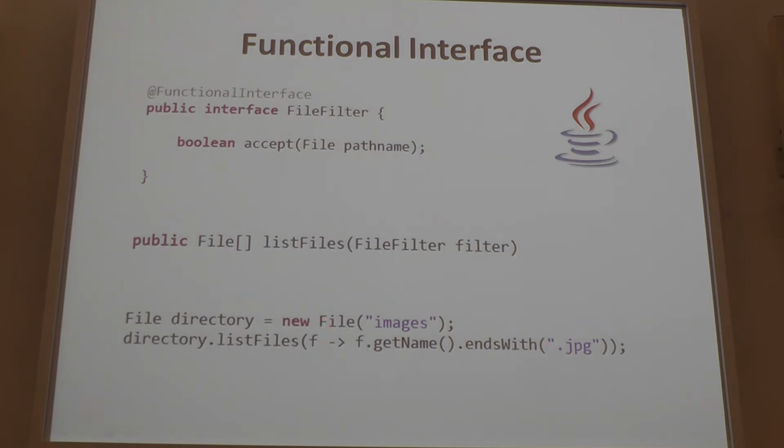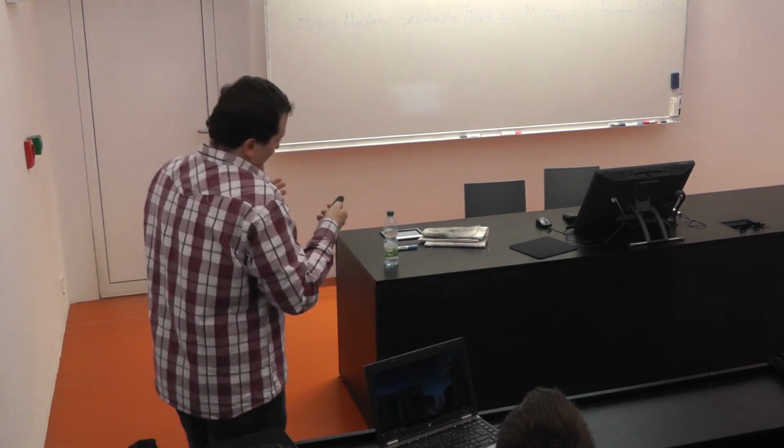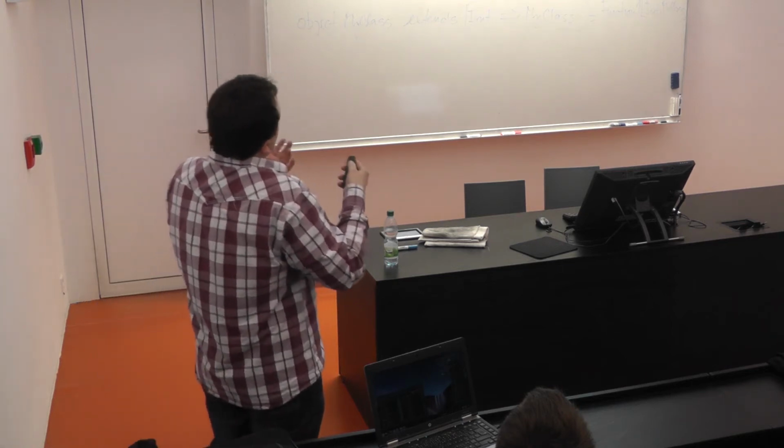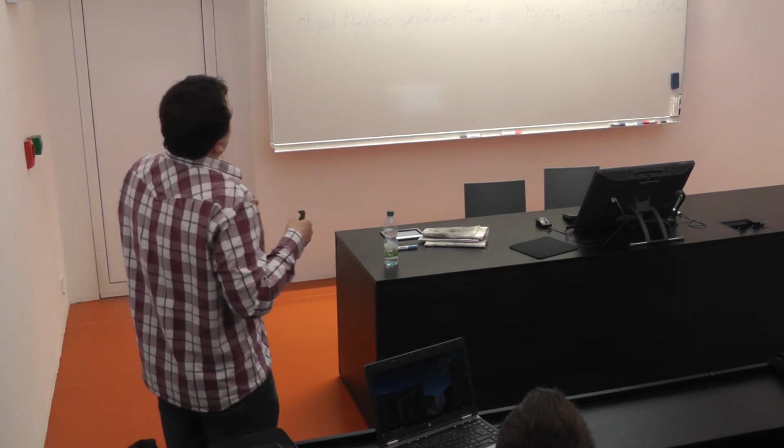So at this place, f is a java.io.File, and it returns a boolean. That is the example of the target typing that I had on the previous slide. The actual type of the expression is resolved at the place of its use.